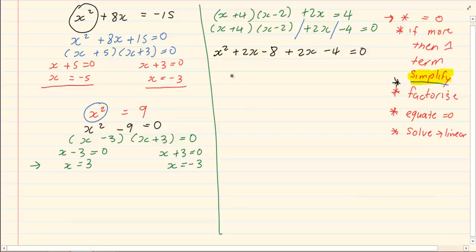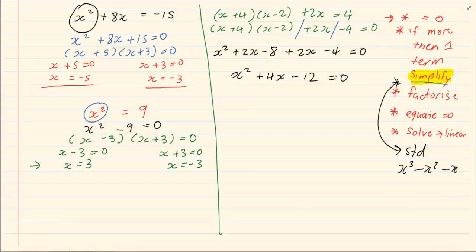It's called neatening off. So we get x squared plus 4x minus 12 is equal to 0. When it is not neatened off, when it is not in standard form or descending powers of x, then you don't see the factorizing as easily. But when it is in order, it's easier to see the factorizing.